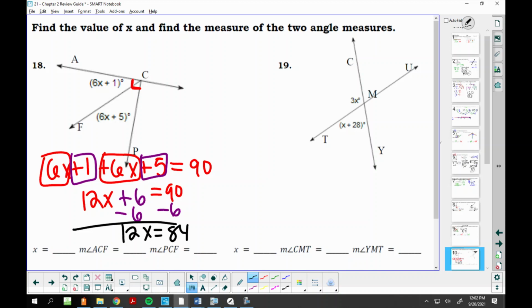And then 84 divided by 12 is 7. So now we want to find the measure of angle ACF. So we're going to plug 7 in for x. So 6 times 7 plus 1. 6 times 7 is 42, and 42 plus 1 is 43 degrees.